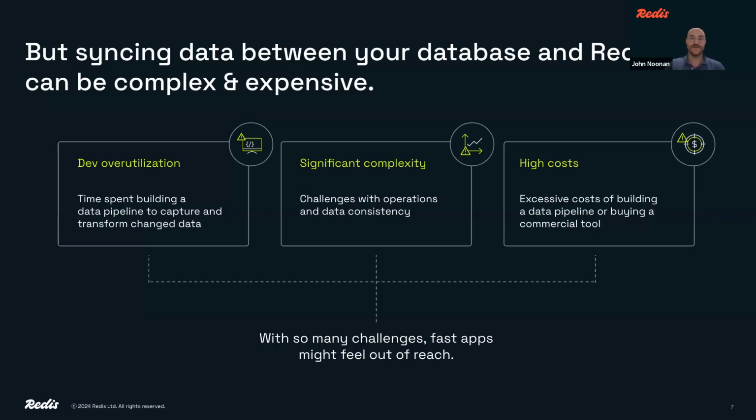Or you can undergo the expensive and complex challenge to custom build a data pipeline to prefetch data for continuous synchronization between your database and your cache. But now you're faced with additional complexity because you need to operate and keep two data sources in sync. And if you wanted to buy a third-party data pipeline tool to do this for you, then that can also get really expensive. But so is dedicating time and resources to keep your data in sync on your own and to operate two data sources simultaneously.